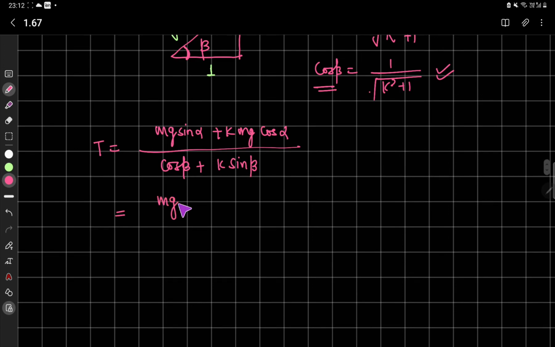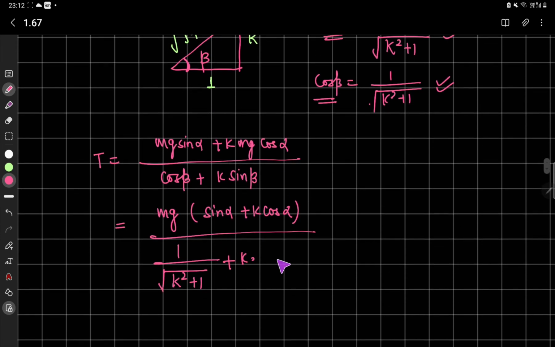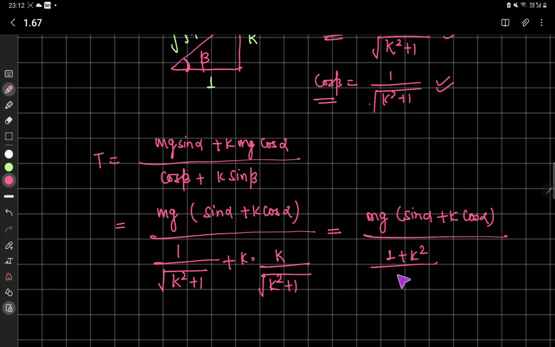So we will get mg times sin alpha plus k cos alpha, whole divided by cos beta, which is 1 upon square root of k square plus 1, plus k times sin beta, which is k divided by square root of k square plus 1. So from here we can get mg times sin alpha plus k cos of alpha, whole divided by 1 plus k square, whole divided by square root of k square plus 1.